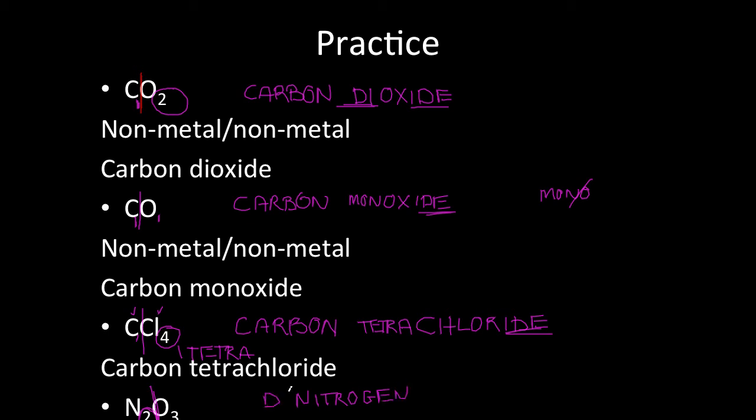So now I'm going to call my first part of my binary compound dinitrogen. Then, as we know, oxygen, I replace the ending with IDE and I get oxide. And then here I have 3 as my subscript, and if I look up the prefix for 3, it's tri. So this substance, N2O3, is dinitrogen trioxide. I hope this tutorial was helpful.